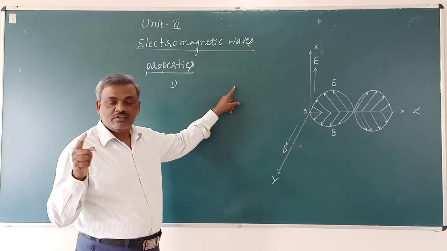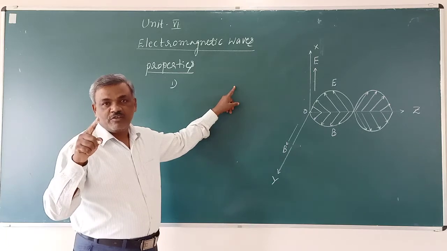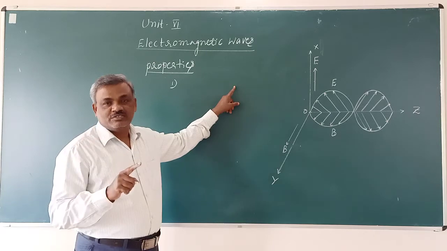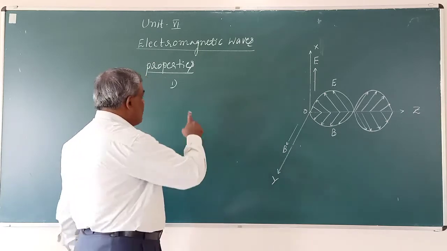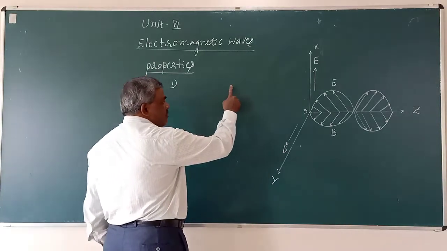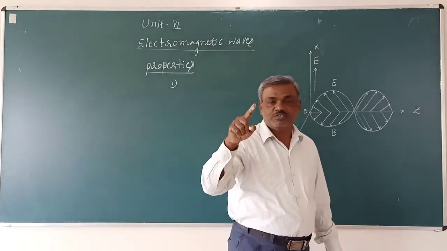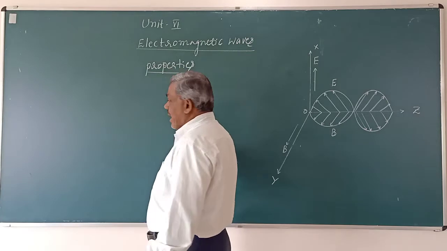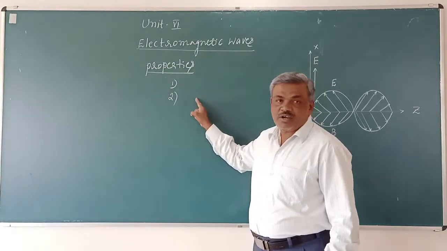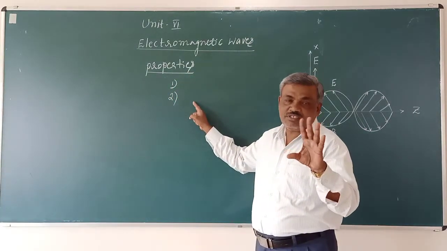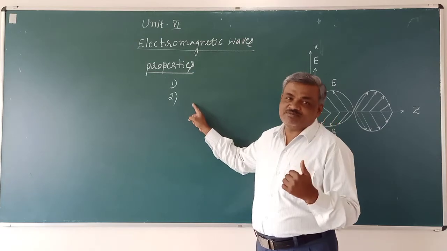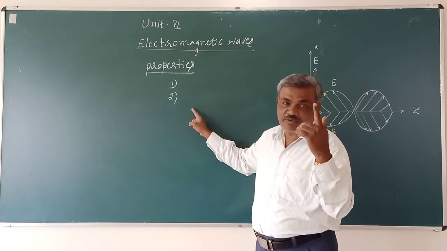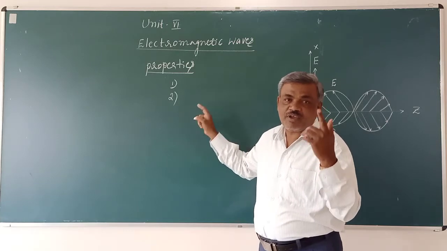Sometimes there is one more question: what kind of waves are electromagnetic waves? Answer: transverse waves. The second property: the accelerated charged particles produce electromagnetic waves.